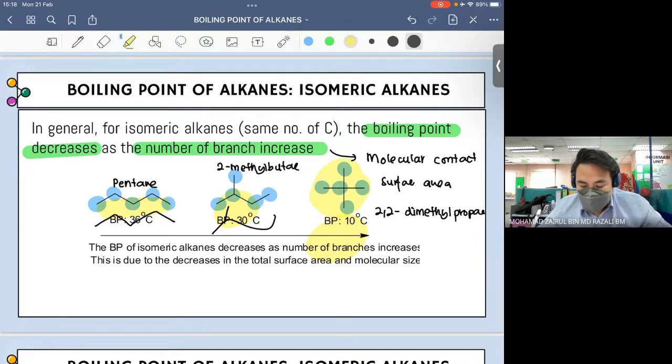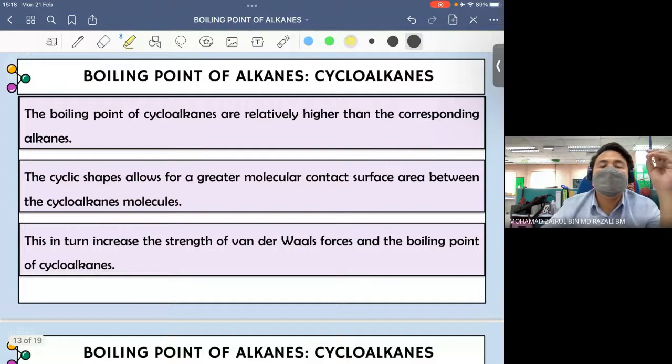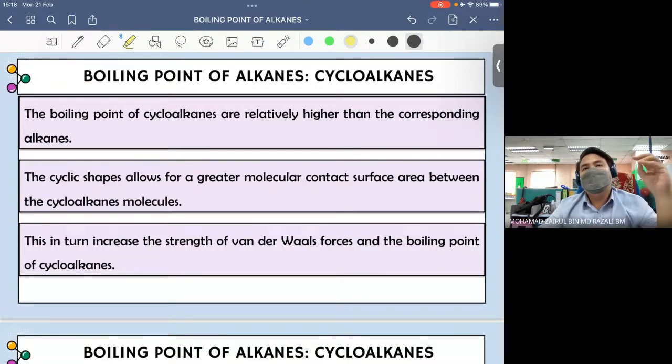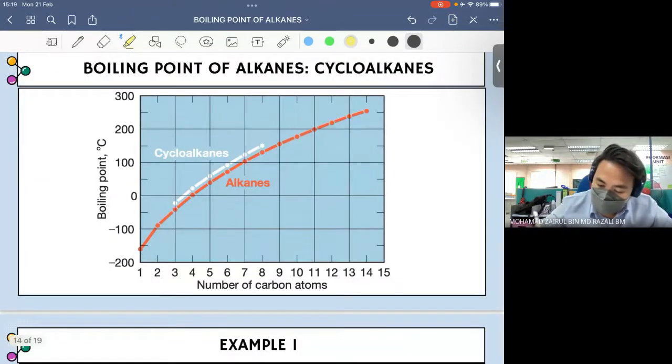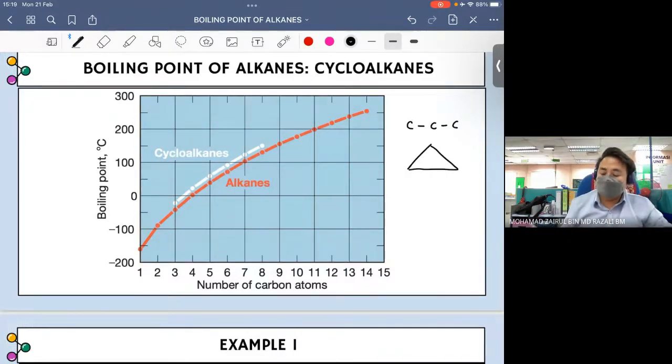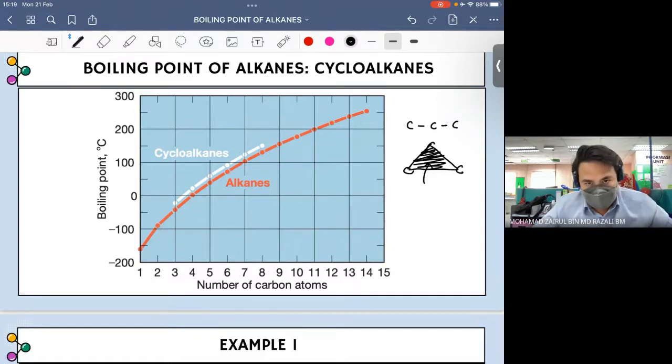Okay. In terms of cycloalkanes, if we want to compare a cycloalkane with an acyclic alkane with the same number of carbons, for example, propane with 3 carbons and cyclopropane. If you look, the molecular contact surface area in cyclopropane is larger compared to the acyclic alkane.